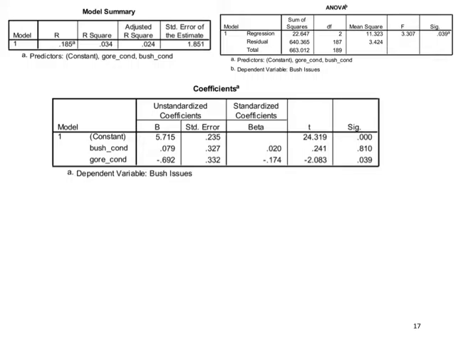Or what test are we looking at? If we want to know whether this varies significantly from 0, we're looking at this F test over here. So if that's what you're talking about, you're talking about this? Yeah. So it's this significance level is less than 0.05, which says that this varies.